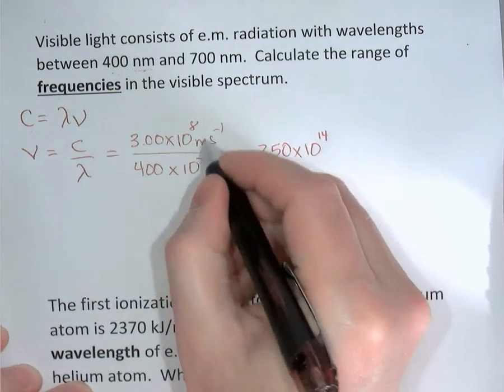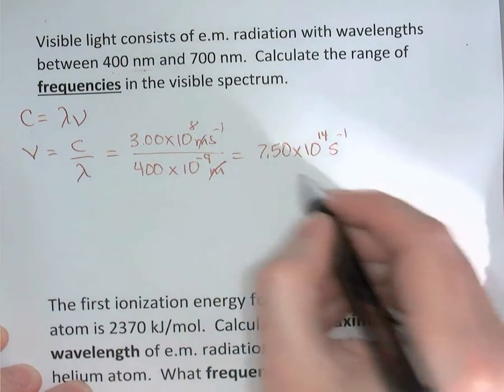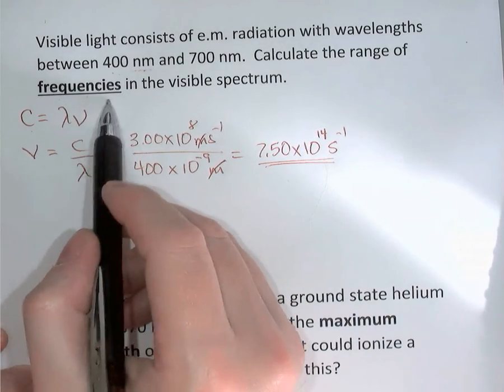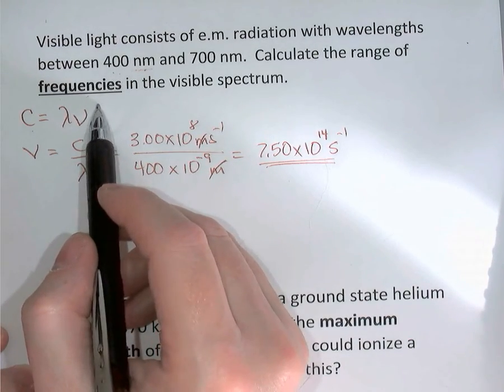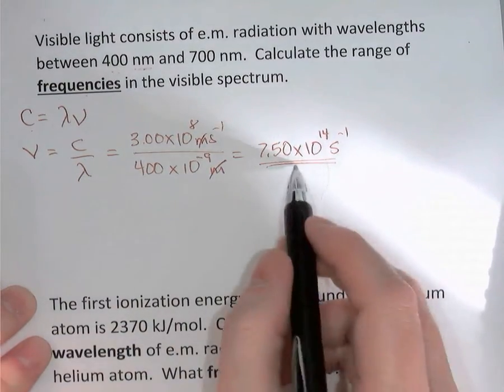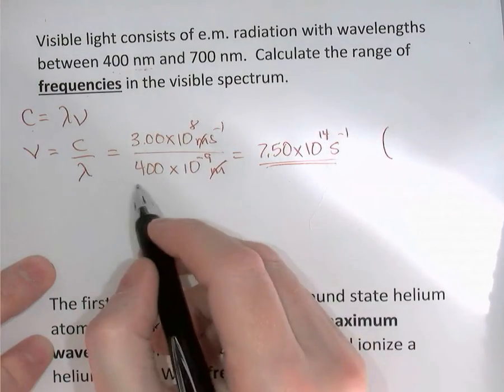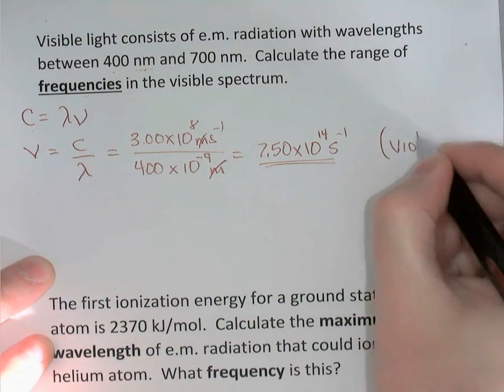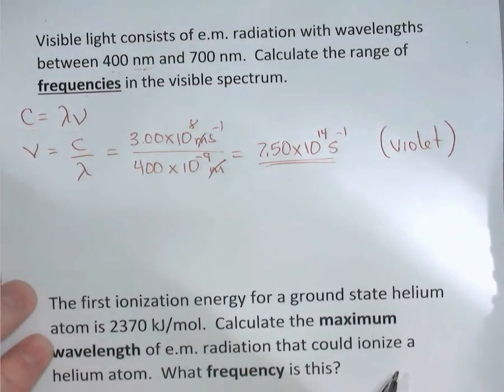And the units here are going to be per seconds, or if you prefer, hertz. Now the question did not tell us a particular unit for frequency, so I'm going to leave it like that. So that's the one end of the spectrum. In fact, since that was the 400 nanometers, that's the shorter wavelengths, that's the violet end of the spectrum.